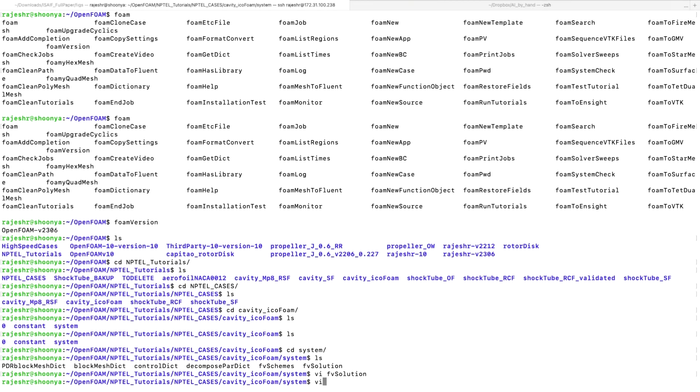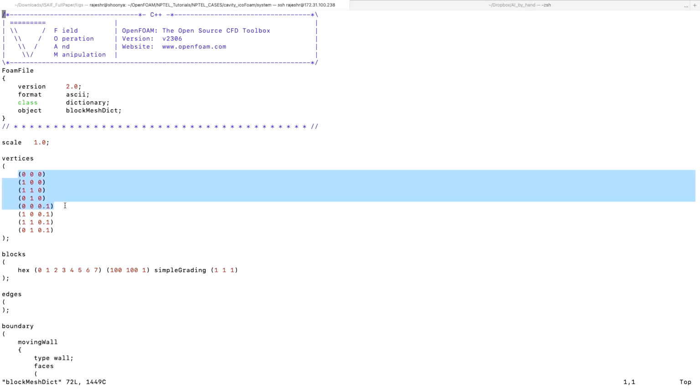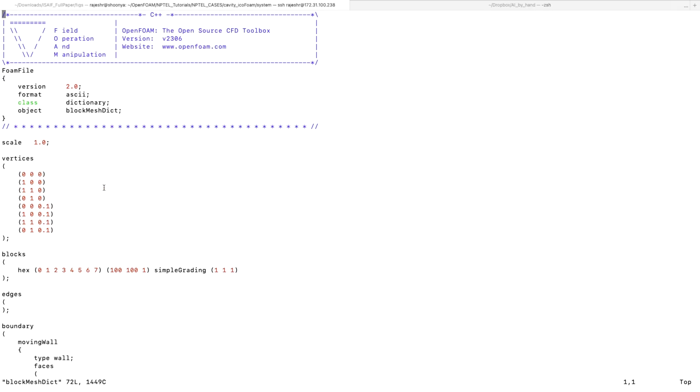Now look at the mesh. For simple meshes you can use blockMesh, but you can also create a mesh in any mesh generator and export it to OpenFOAM. You can see here these are vertices, and by default OpenFOAM is a 3-dimensional solver.